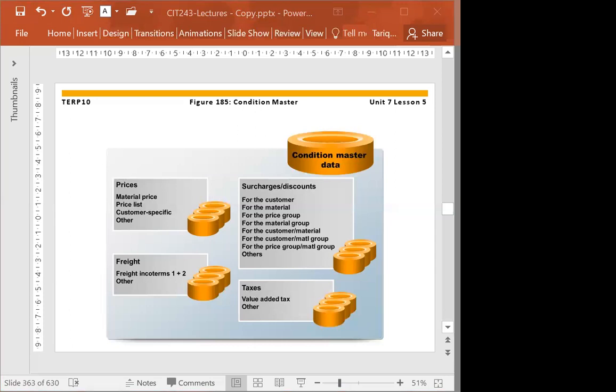Again, how many types of master data do we have? What master data do we use in the sales and distribution system? Guys, I'm just asking questions to wake you up.